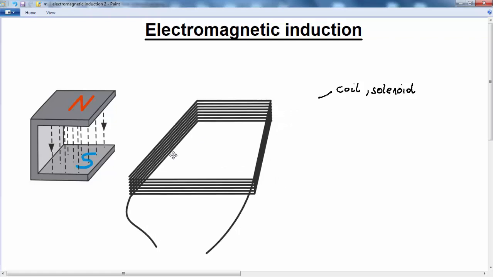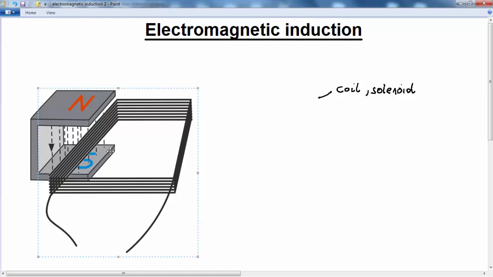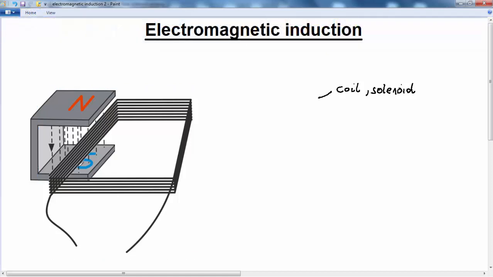What we're going to do is move this solenoid in through the magnetic field this way, and this section of the solenoid is going to cut through that magnetic field. As before, an electrical potential difference is going to be produced in each one of these sections of the loop. So you get an electrical potential difference, or voltage, produced in this part, and then in this section, and then another electrical potential difference of equal size produced in this section, and then in this section, and in this section.